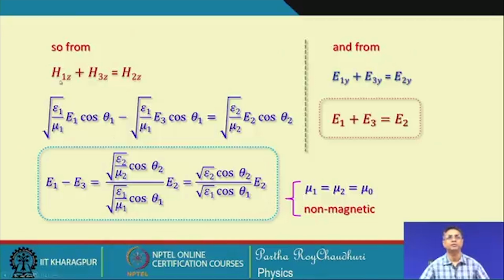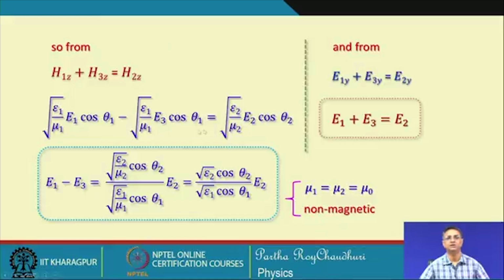So, from this first boundary condition, that the tangential component of the magnetic field will be continuous, we can write this magnetic field in terms of this, because epsilon 1 by mu 1, U1 cosine theta 1 will represent this H1z, and we have seen this will be for H3z and for H2z.